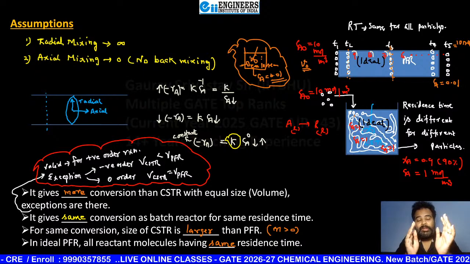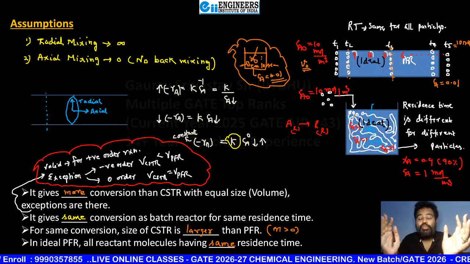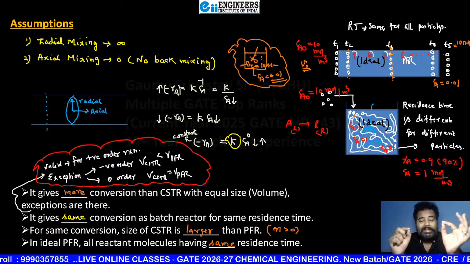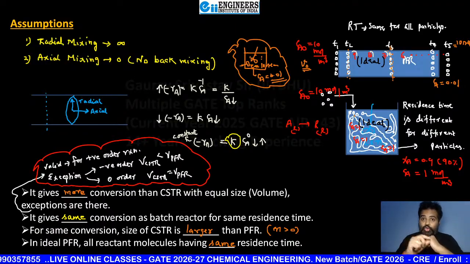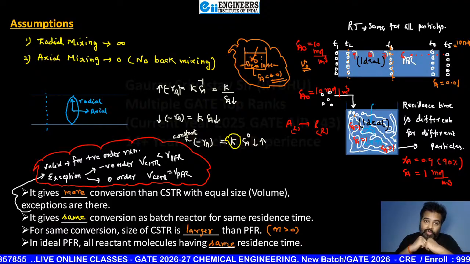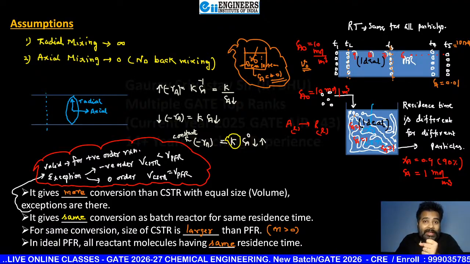So you can see in case of PFR, a significant portion of your reactor is going to experience high concentration. High concentration is going to maximize RA. So that's why for the same size, PFR is going to give you more conversion.